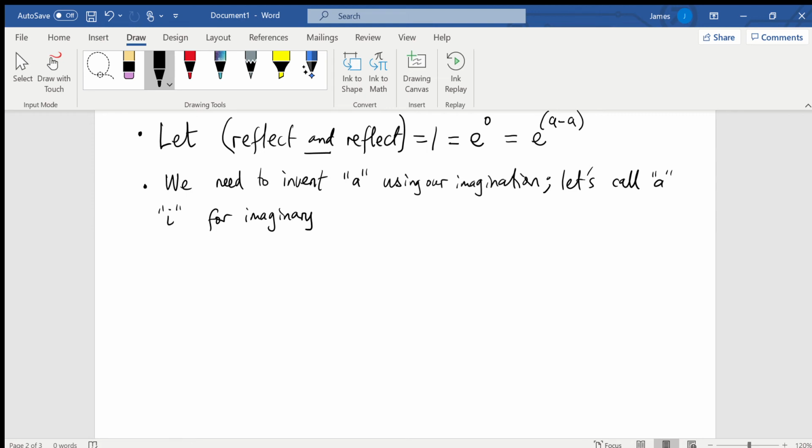Imaginary or imagination. And if we do that, then we are saying that e to the 0 is e to the I minus I, where A is just now relabeled I, which equals e to the I, e to the minus I.